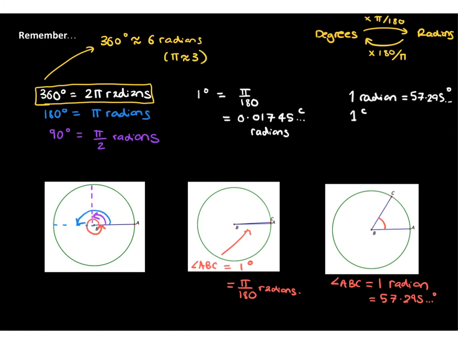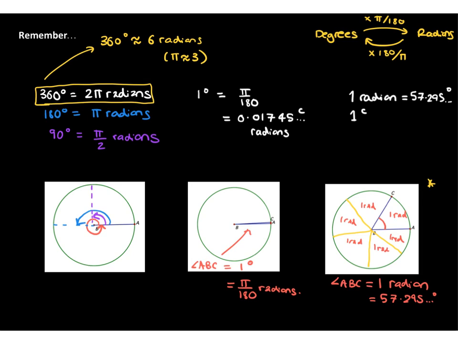Now, go back to this diagram and you'll see that that does actually make sense, because you can just about see how 360 degrees can be split into 6 of these sectors. So if that's 1 radian, that's 1 radian, 1 radian, 1 radian, 1 radian and 1 radian. Now we know it's not exact because 360 degrees equals 2 pi radians, but we can see approximately that there are 6 radians which make up 360 degrees.